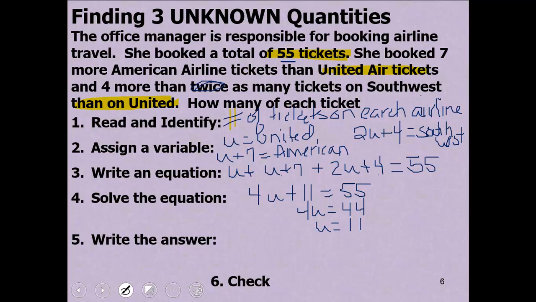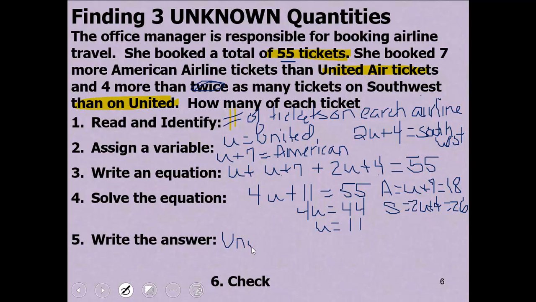So if U is equal to 11, American is equal to U plus 7, so that's 18. And Southwest is equal to 2U plus 4, so that's 22 plus 4, that's 26. So write out the answers.